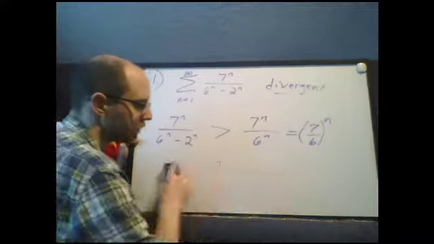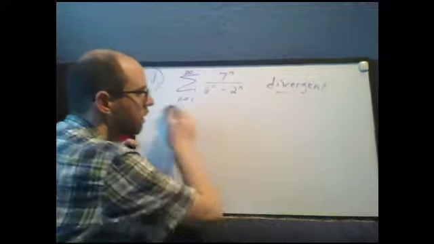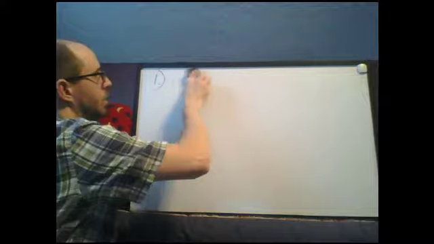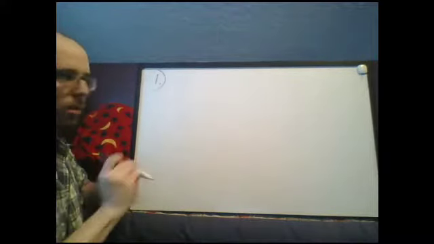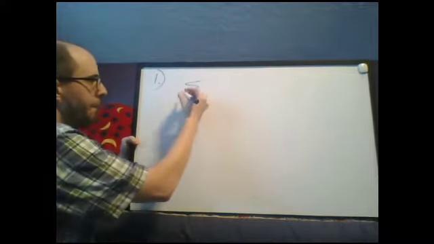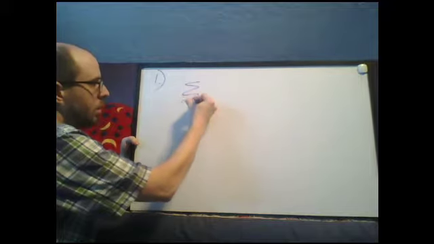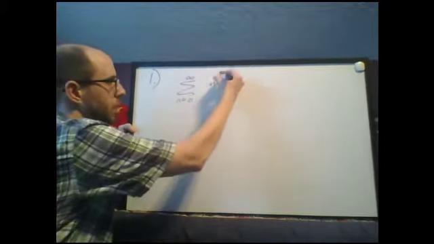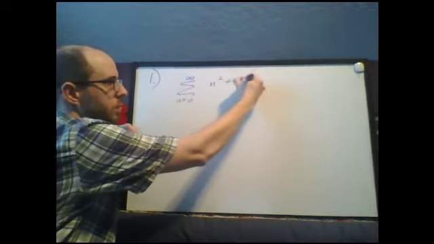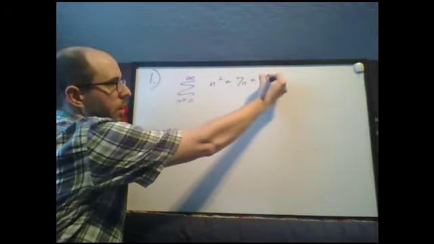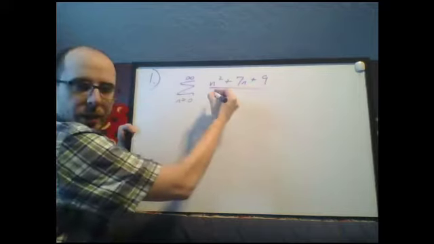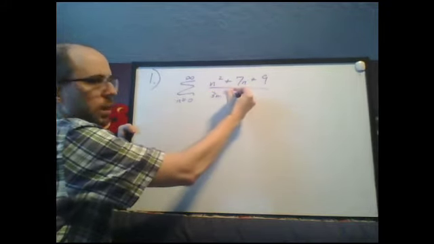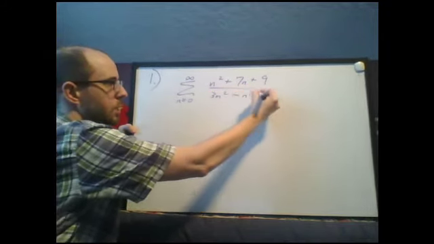All right, so let's do the second one on part 1. So we have the summation of this rational expression, n squared plus 7n plus 9 divided by 3n squared minus n plus 8.